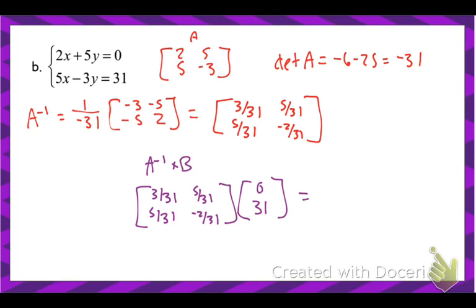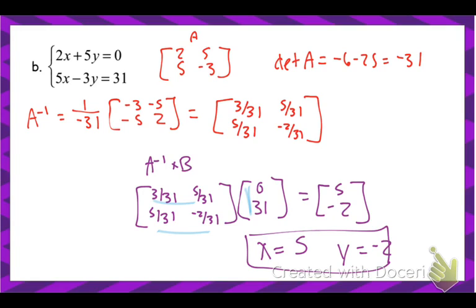So top row by that first column, so 0 plus 5 over 31 times 31, just 5. Then I'm going to go bottom row times that column, so that's going to be 0, and then negative 2 over 31 times 31, which is negative 2. So x equals 5, and y equals negative 2.